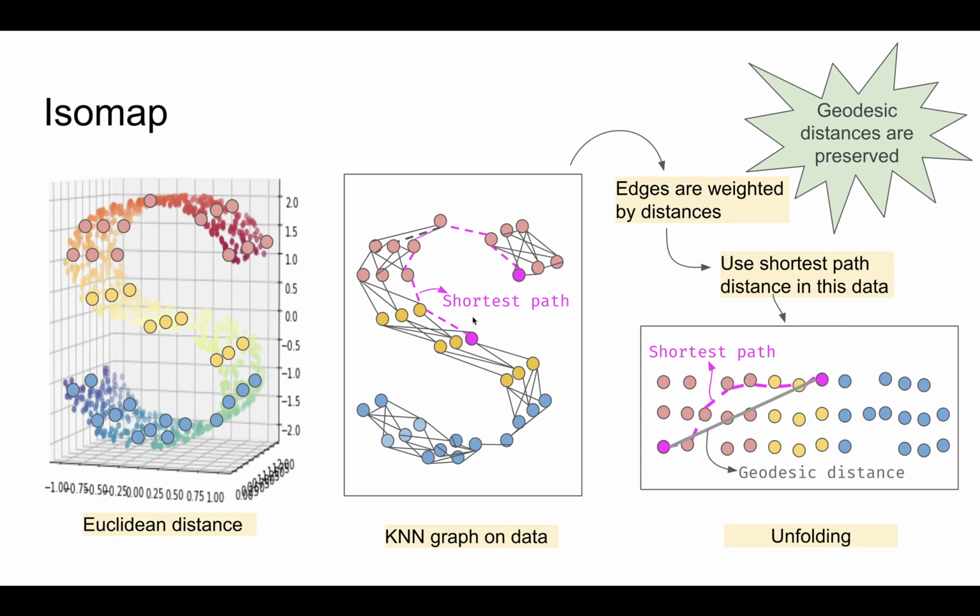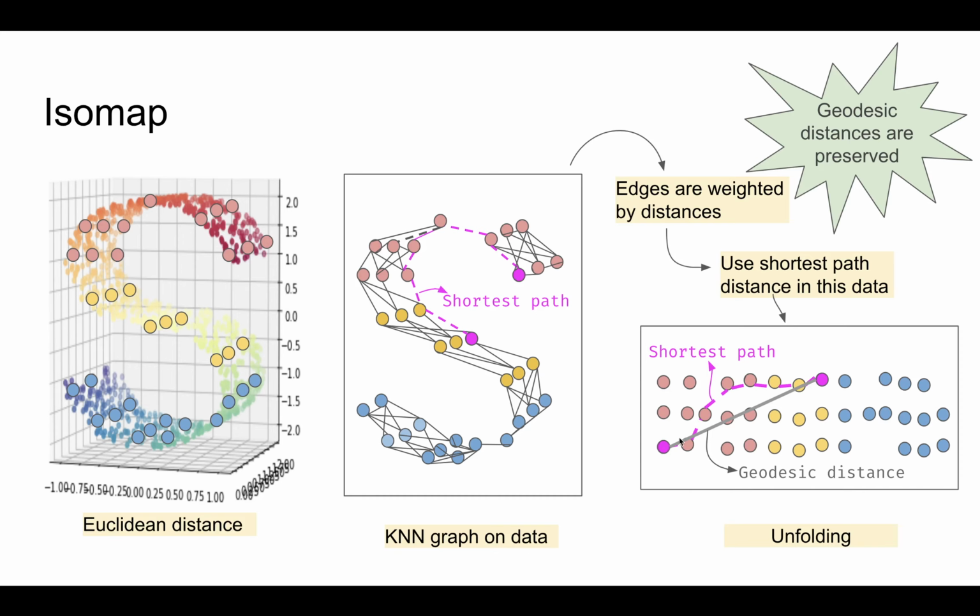So here we are going from a 3D space to a 2D space, and as you can see, if this manifold was unfolded as shown here on the right hand side, then the distance between these two magenta dots would be this distance shown by the magenta line, and that would be preserved after the unfolding of the manifold, which is shown here. And the straight line is the actual geodesic distance.